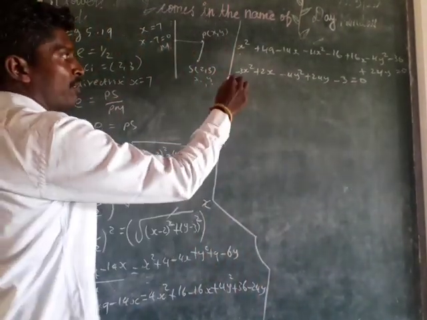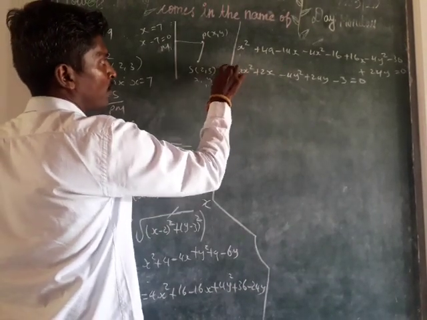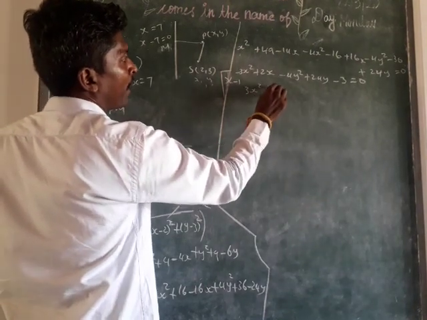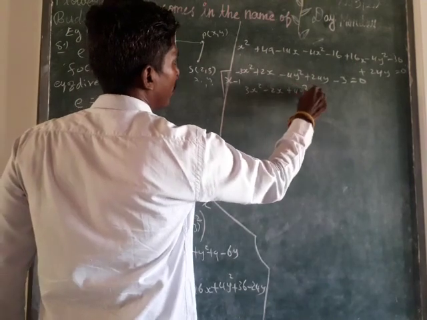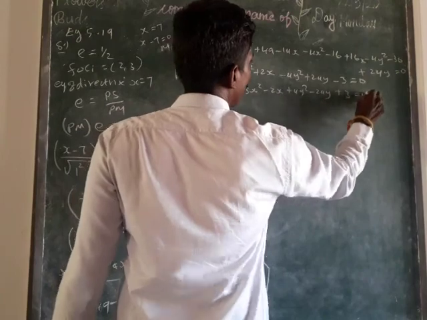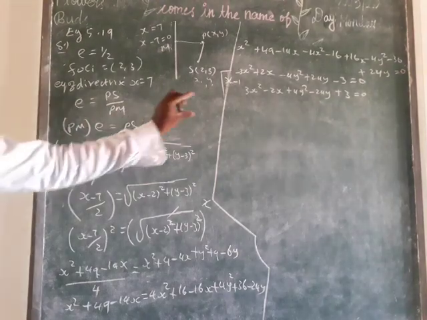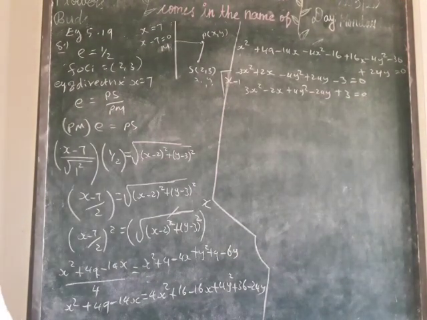Now multiply the equation by minus 1: 3x squared minus 2x plus 4y squared minus 24y plus 3 equal to 0. Now we have the equation from the conic concept. Bring it into the standard form of an ellipse using the complete square method.